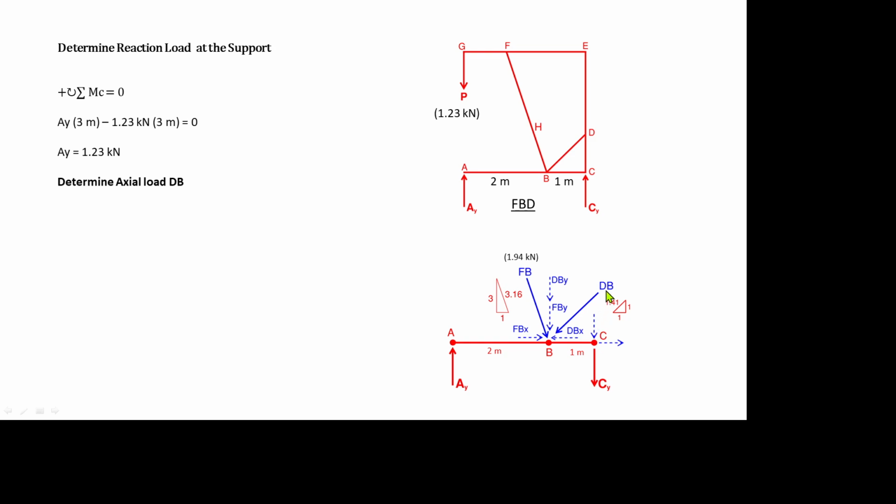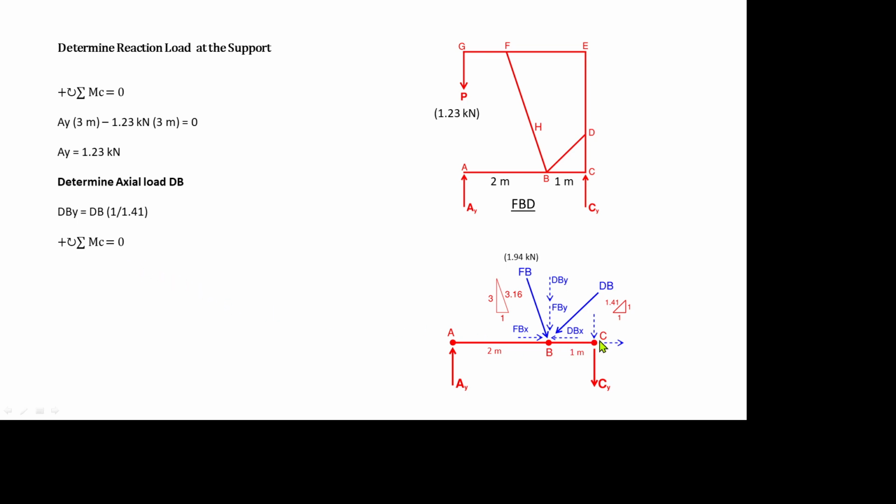So that the only unknown is only DB. So if we sum up moment at point C, we have only a vertical component of the force DB, which is DBY. So DBY is equal to DB times 1 over 1.41. That is the vertical component.